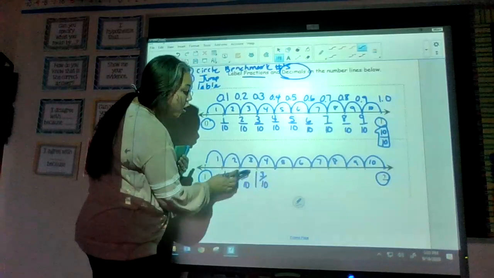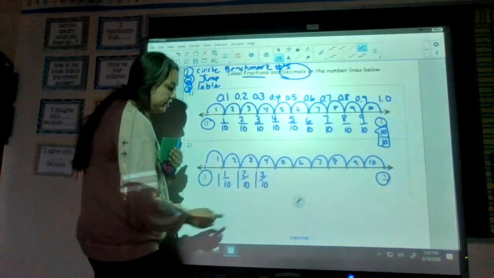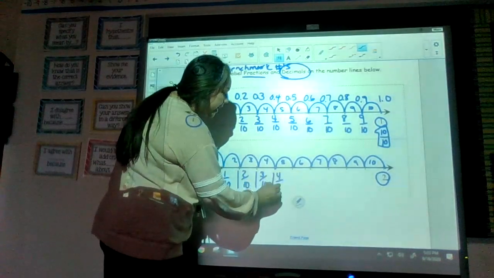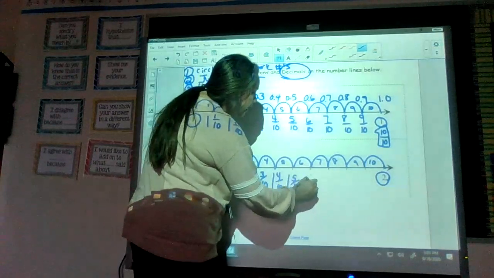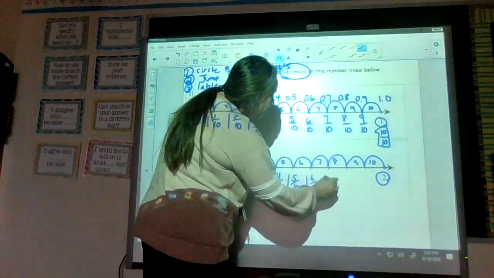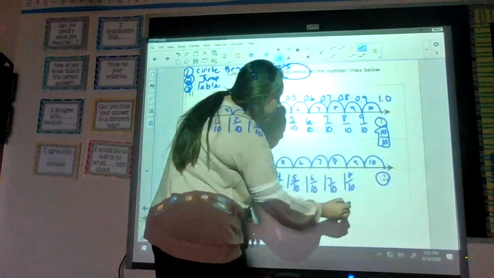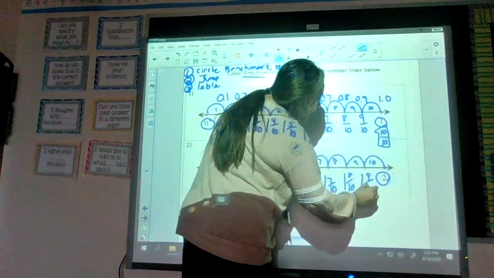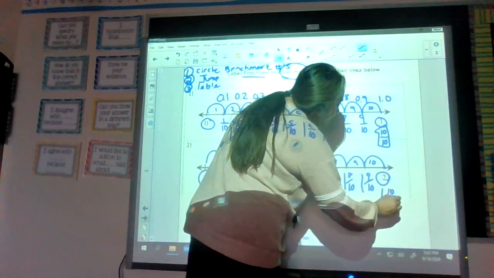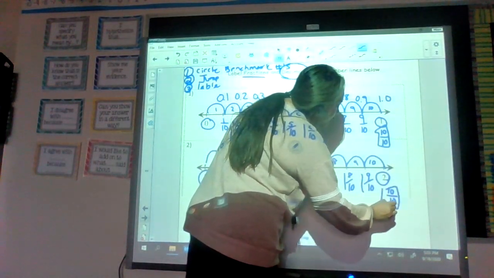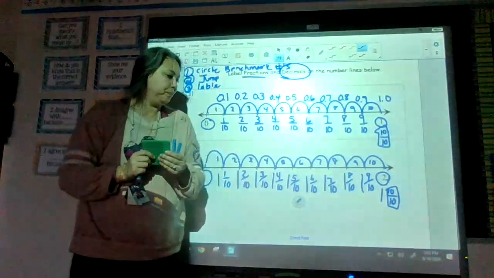Now notice my whole number is as large as my fraction is. 1 and 4/10, 1 and 5/10, 1 and 6/10, 1 and 7/10, 1 and 8/10, 1 and 9/10, and 1 and 10/10, which is really 2. Because 1 plus 1 would be really 2.